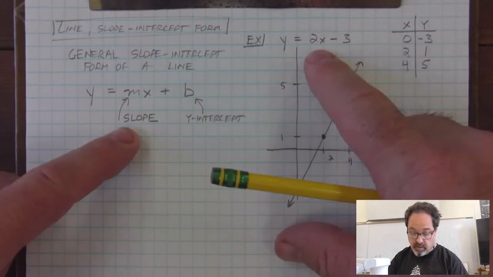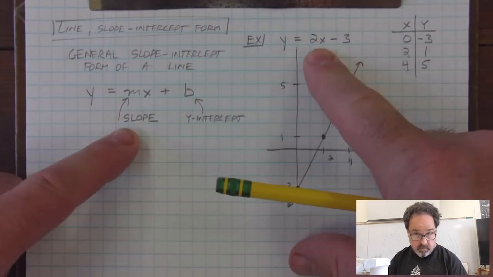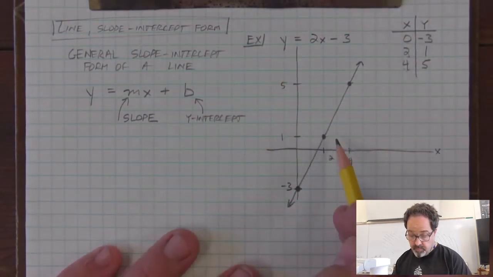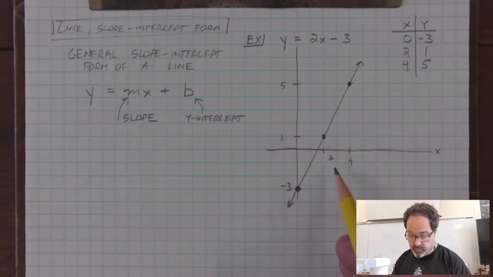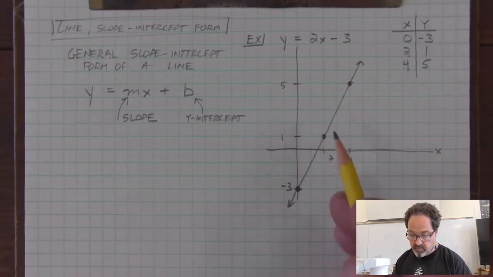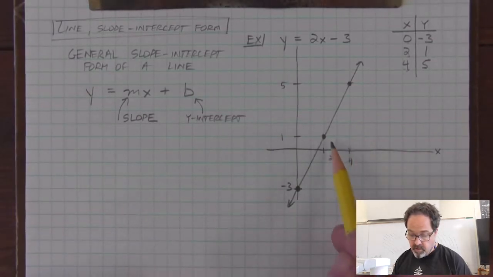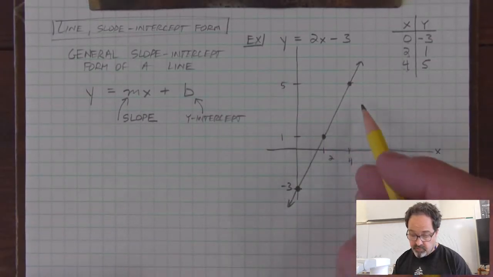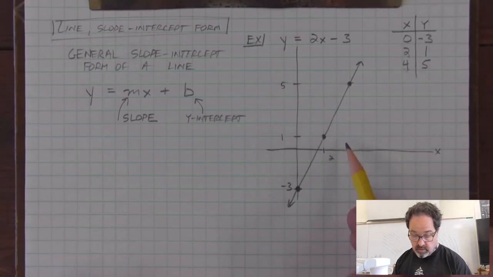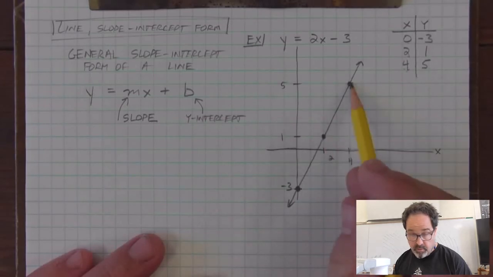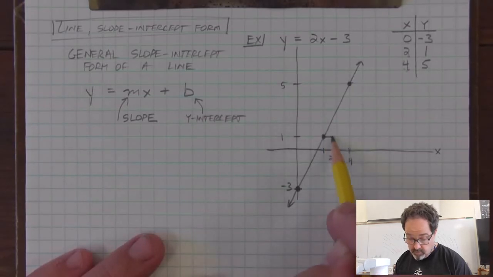So the slope of the line that we graphed is 2. And we can show that with the concept of the slope. You could take these 2 points and remember from the previous lesson that the slope is going to be a fraction made from the horizontal change and the vertical change. The horizontal change is how much we have to go over to go from one point on the line to another horizontally.